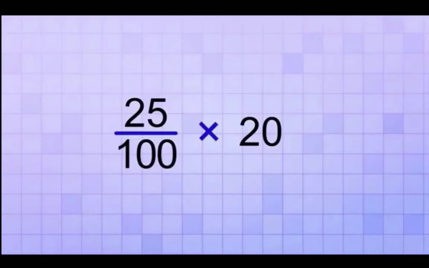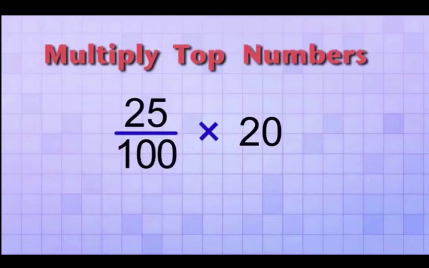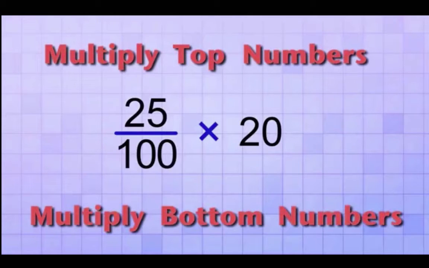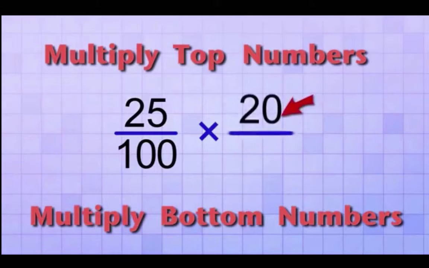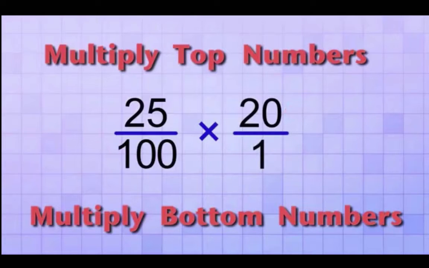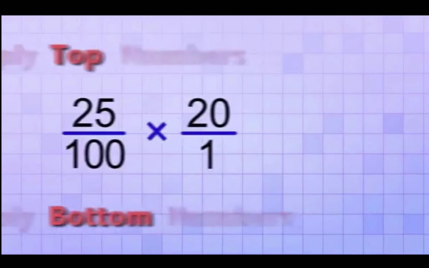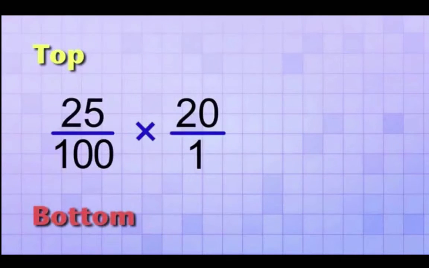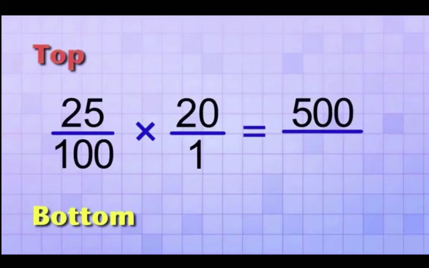To multiply fractions, we just multiply the top numbers, and then we multiply the bottom numbers to get the answer. And we can just write 20 as a fraction by putting 1 as the bottom number, because 20 over 1 is the exact same value as 20. So, let's go ahead and multiply. On the top, we have 25 times 20, which gives us 500. And on the bottom, we have 100 times 1, which is just 100.